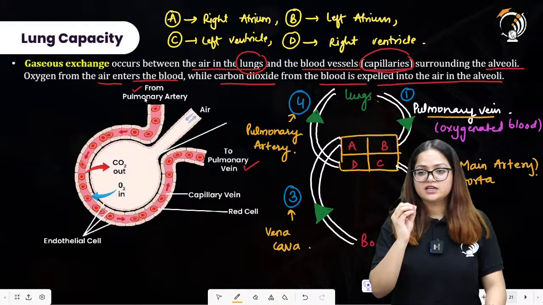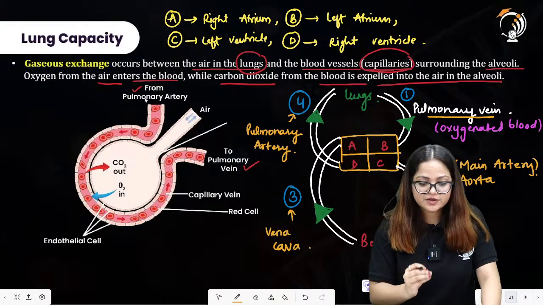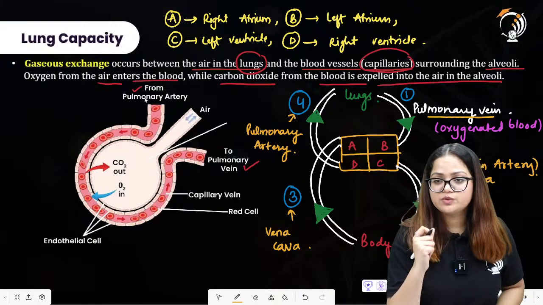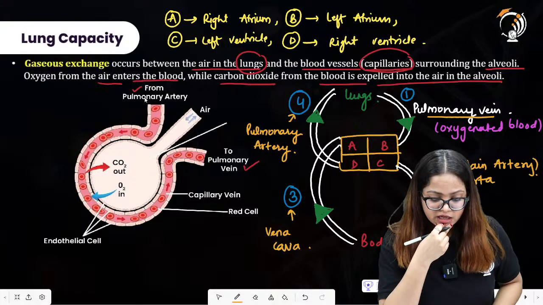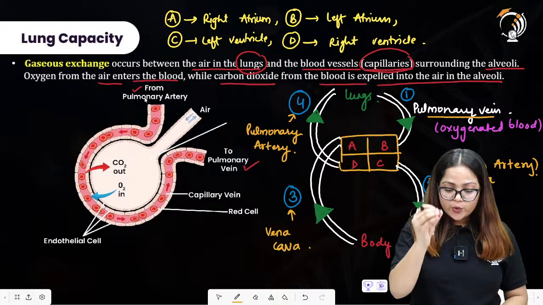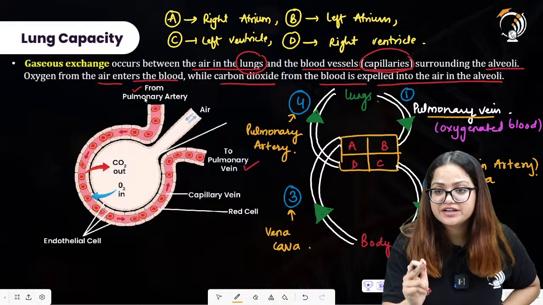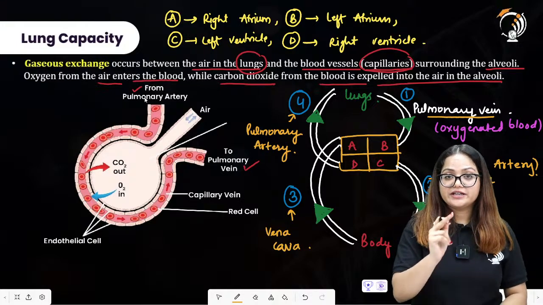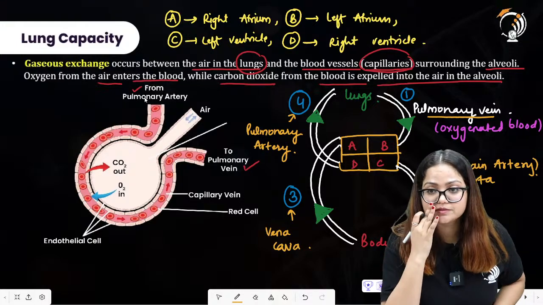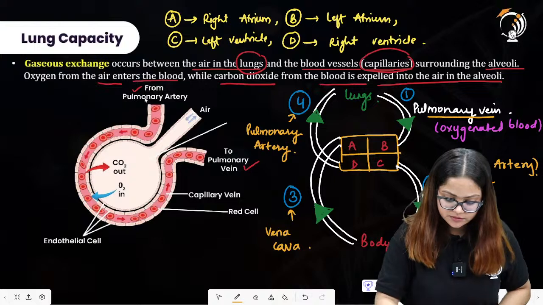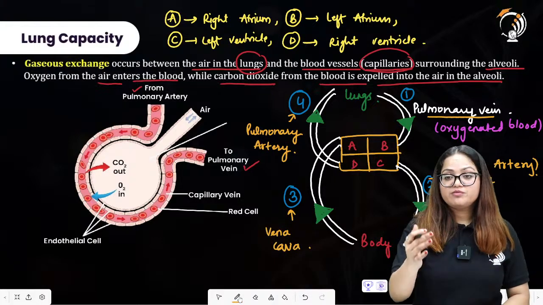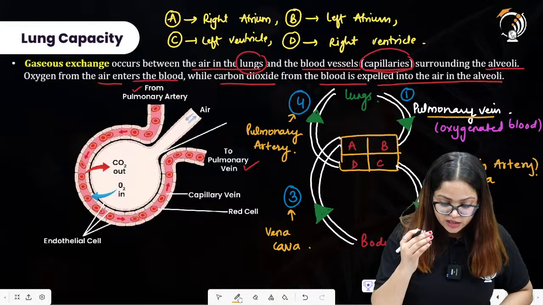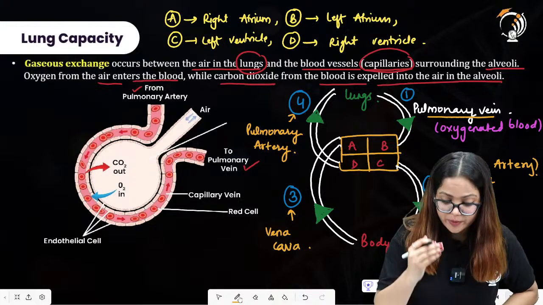Which kind of blood is going to enter from the pulmonary artery? Is it oxygenated or deoxygenated? And the same goes for which kind of blood is going to exit through the pulmonary vein.